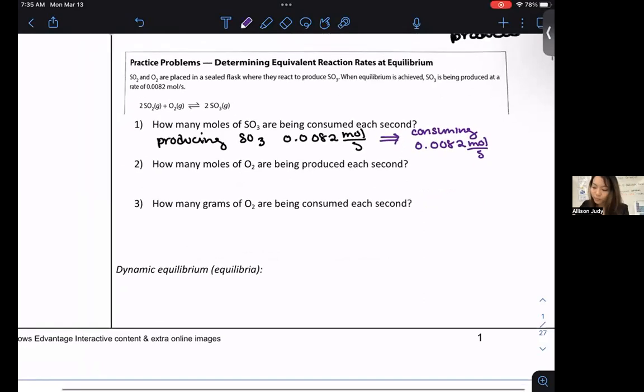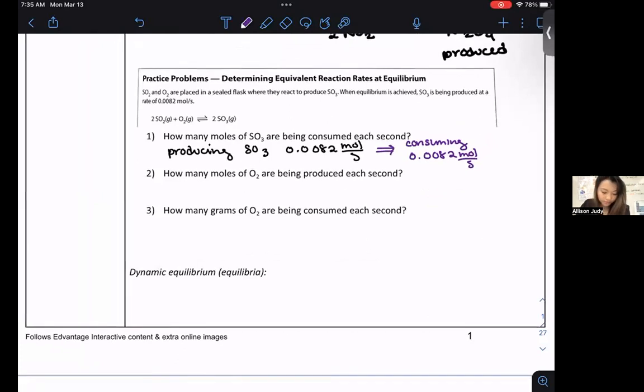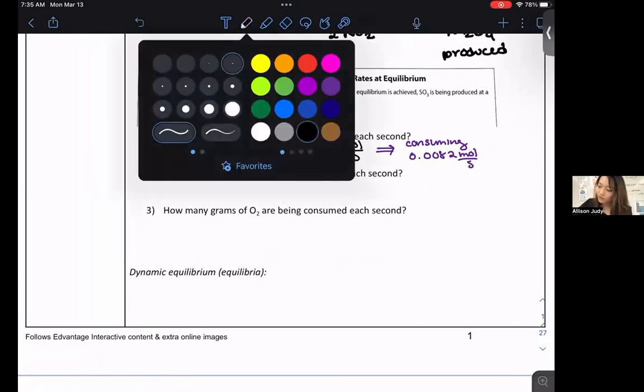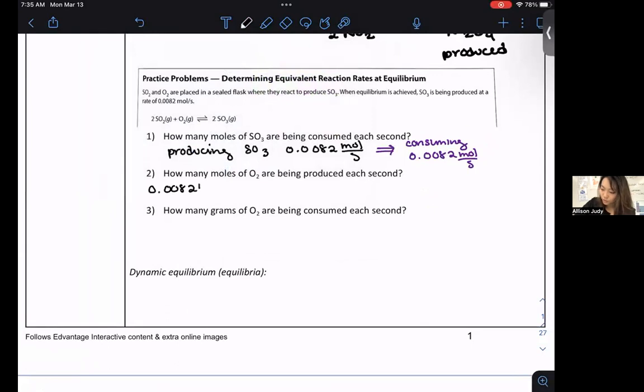Two, how many moles of O2 are being produced each second? Well, for every 0.0082 moles per second of SO3 being consumed, so I'm basing it off of the previous question, I know that I'm going to produce in the reverse direction 1 O2 for every 2 SO3.